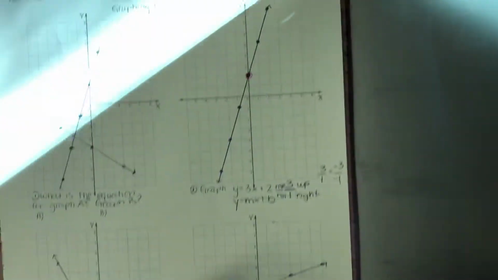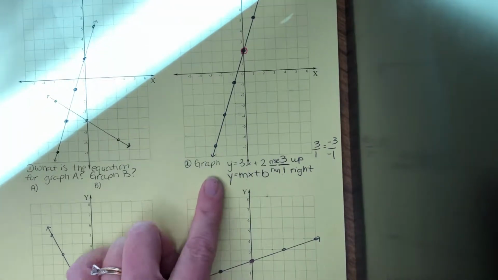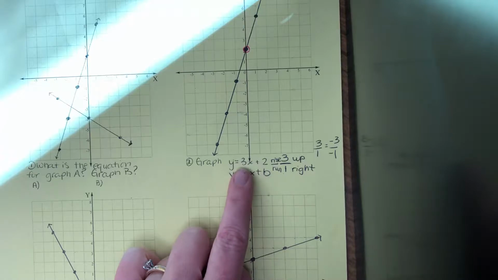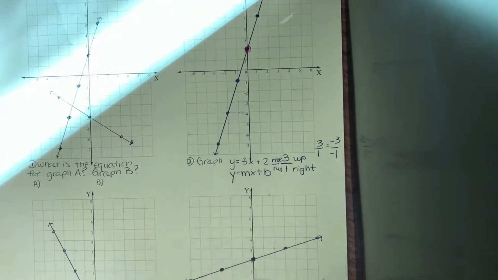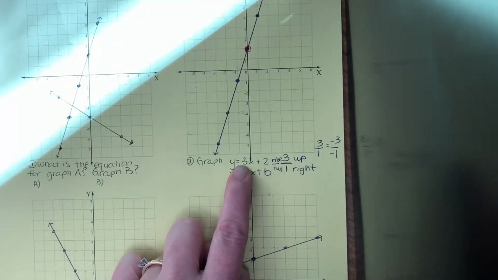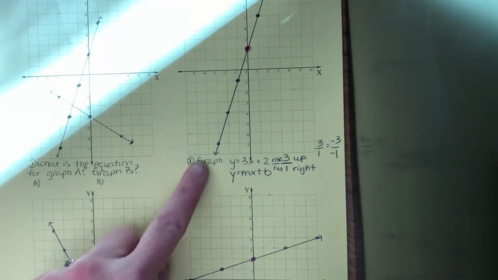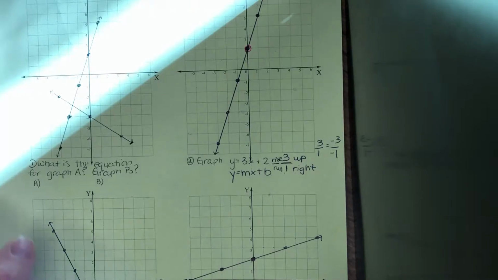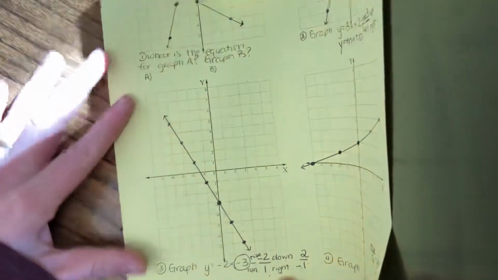The last thing I want to do is let's look at this. On number 2, I know by just looking at the equation that this is a positive graph. The slope is positive because it's a +3 there. So my graph better be going up in the positive direction, and it is. So you can check each one.